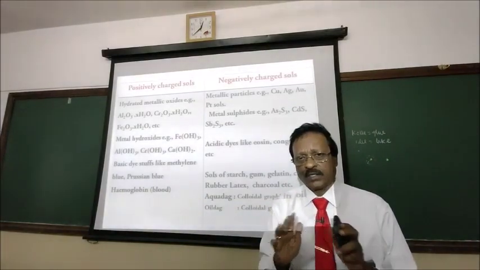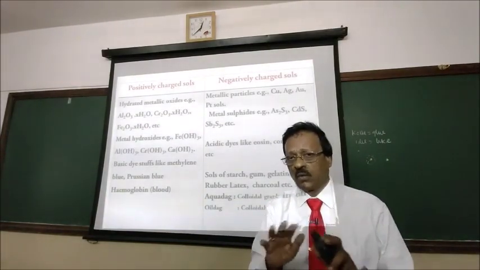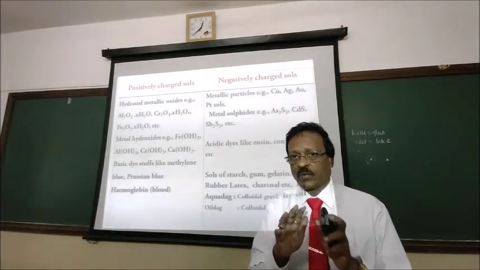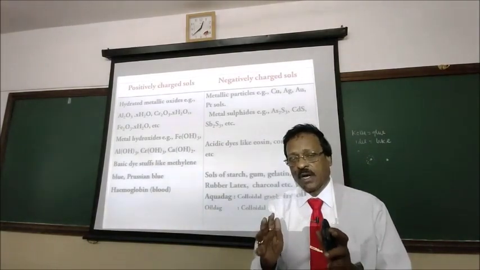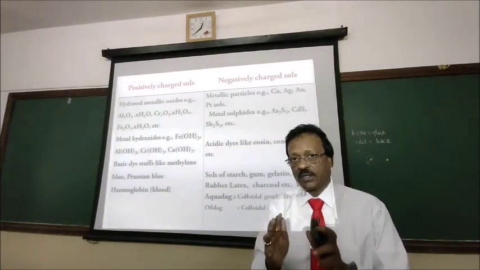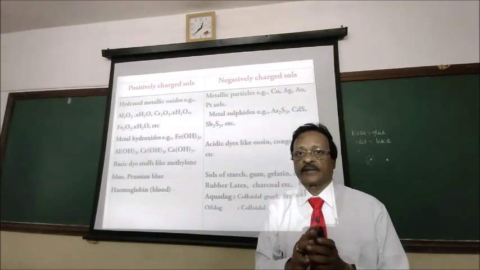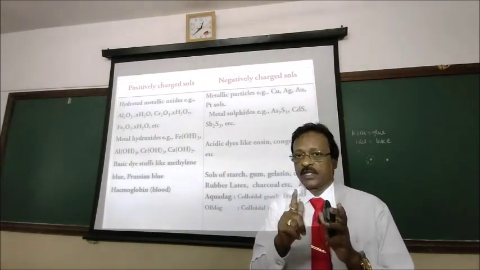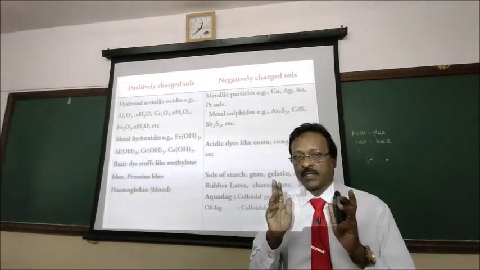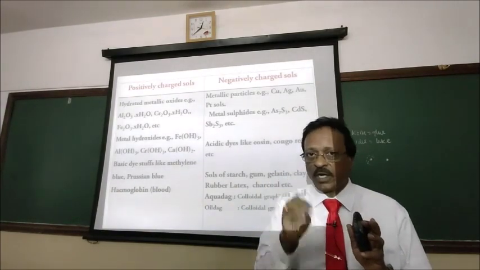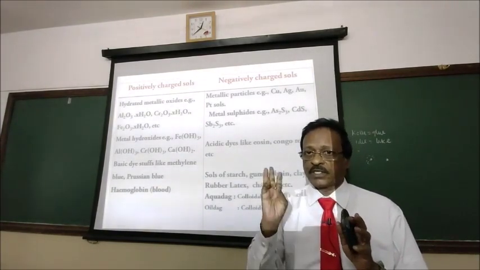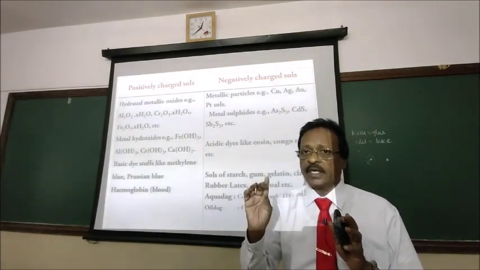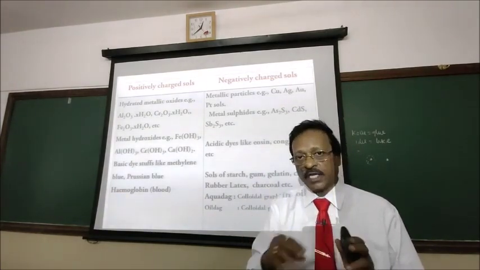Any particle, solid, liquid or gas, whose particle size varies between 10 to the power minus 6 to minus 9 meter, or 1 to 1000 nanometer, is called a colloid. It is a heterogeneous system. Particles of this dimension have three types of properties: kinetic, optical, and electrical. In the next period I will discuss this.